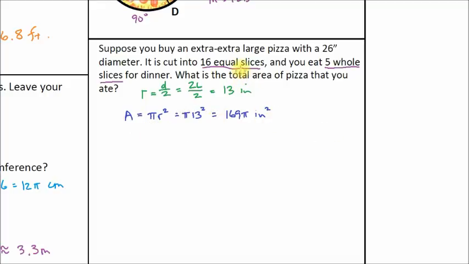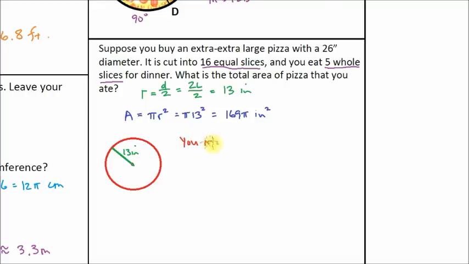Now we want to know how much of the pizza we're going to eat. Well, if you picture this pizza, let's just quickly draw a pizza, or a circle. And I'm not going to do all of these, but let's just say we've got a center right here. Let's put a radius here. We know that the radius of this pizza is 13 inches. And if you picture this, think about this. If you divide this pizza up into 16 equal slices and you ate 5 of them, could you say this?